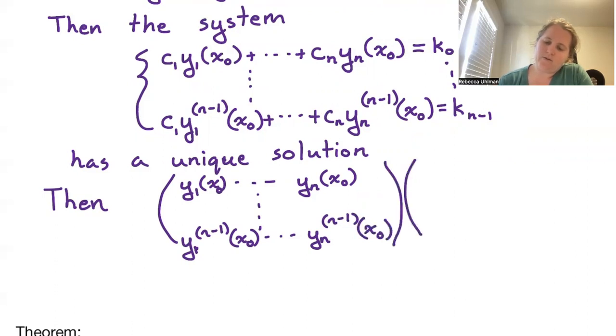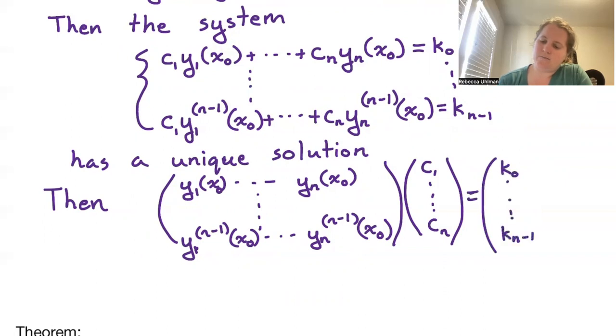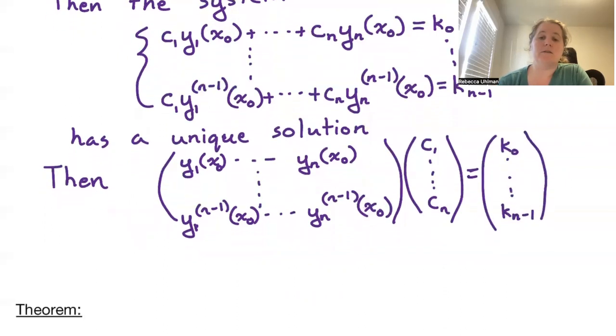This times the vector c1 through cn equaling the vector k0 through k n minus 1 has a unique solution.